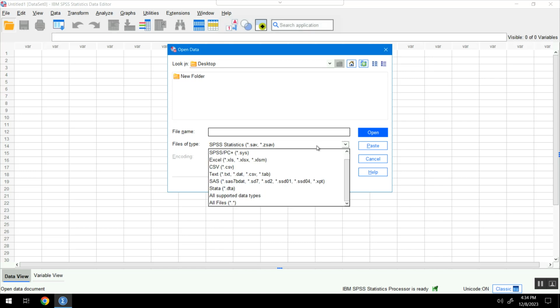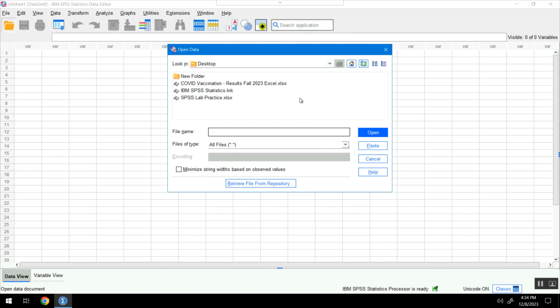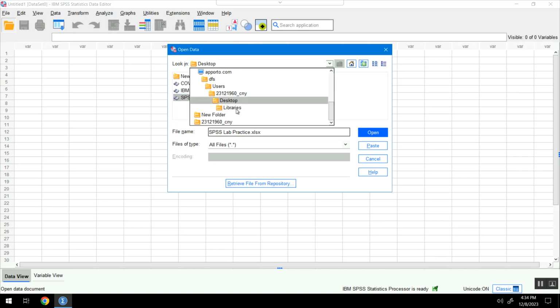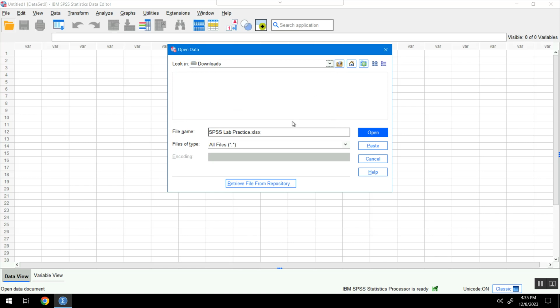I'm going to open up my Excel file. So I have SPSS lab practice here. I saved it to the desktop, actually, but I can find it in my downloads folder too.